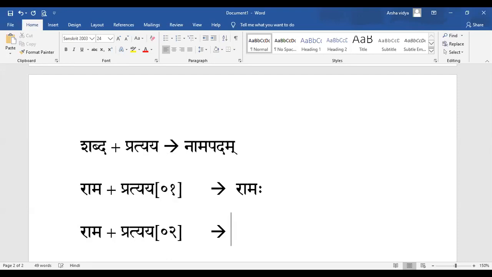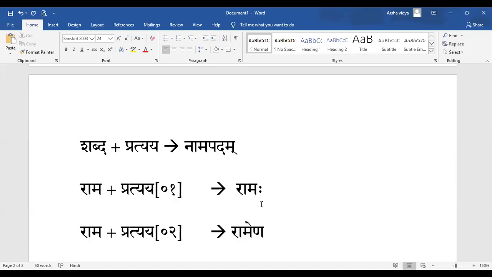Adding that, I get a Namapadam, a noun form, which is Ramena, which means "by Rama", because the sentence is "Ravana is killed by Rama."